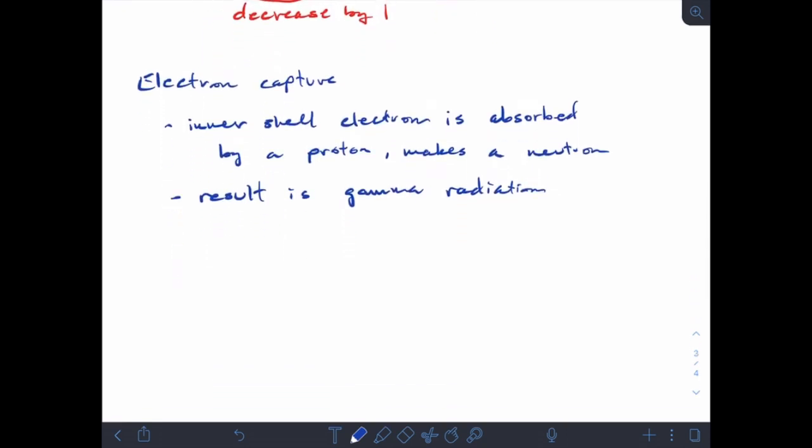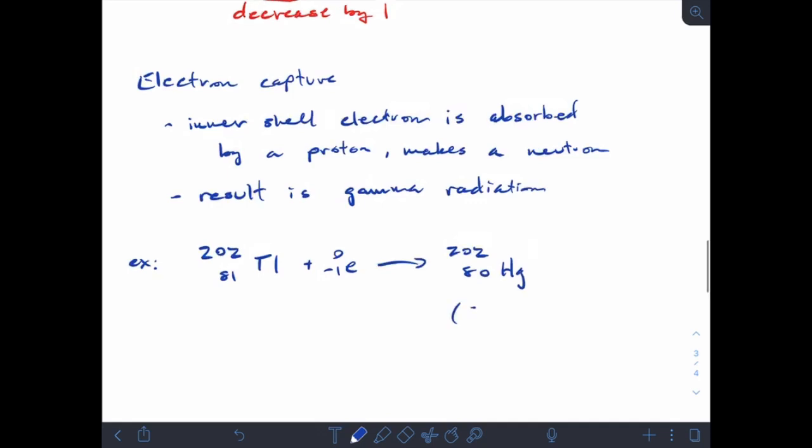So the way this looks as far as an equation, for example, we can have tantalum-202 plus an electron will become mercury-202, and then it's followed by gamma.